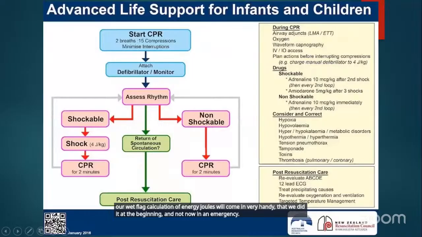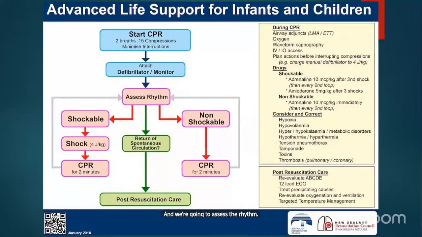And we're going to assess the rhythm, whether it is a shockable or non-shockable rhythm. The 2 shockable rhythms are VF, which is essentially a child with a marker drawing a squiggly line, and VT, which is a regular wide complex tachycardia with no pulse. Those are the 2 shockable rhythms. Everything else that has no pulse is non-shockable.